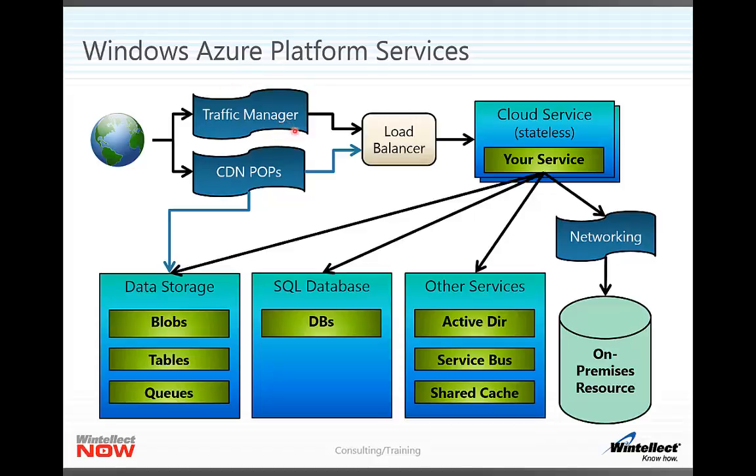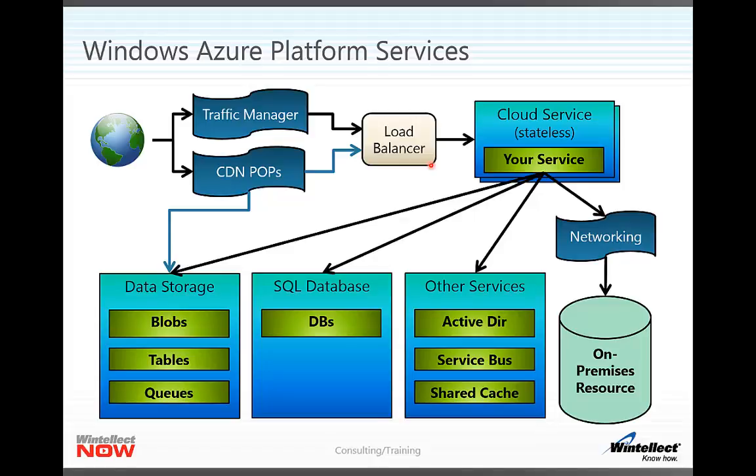You can turn it on, and basically you just configure it with a web portal to give it the rules that you want it to follow and what URLs, based on the rules, it should direct traffic to. The Traffic Manager will ultimately send incoming customer traffic to a data center, one of the 8 Windows Azure data centers. And the first thing the traffic hits when it reaches a data center is a load balancer.